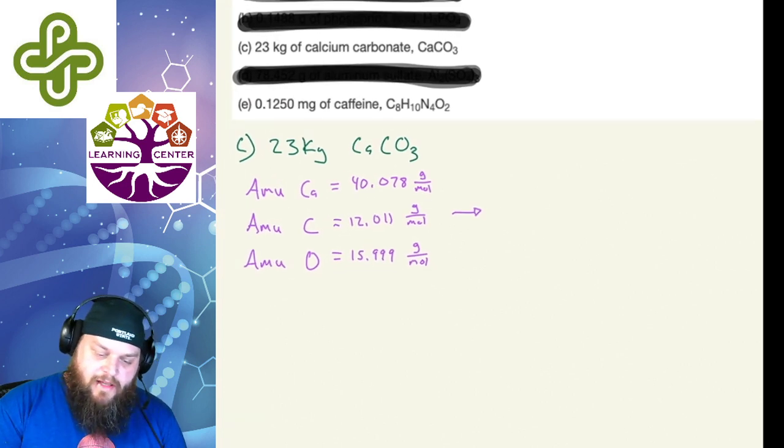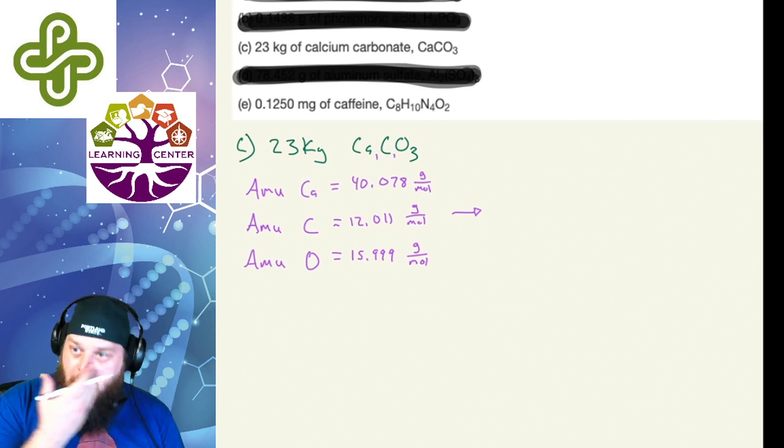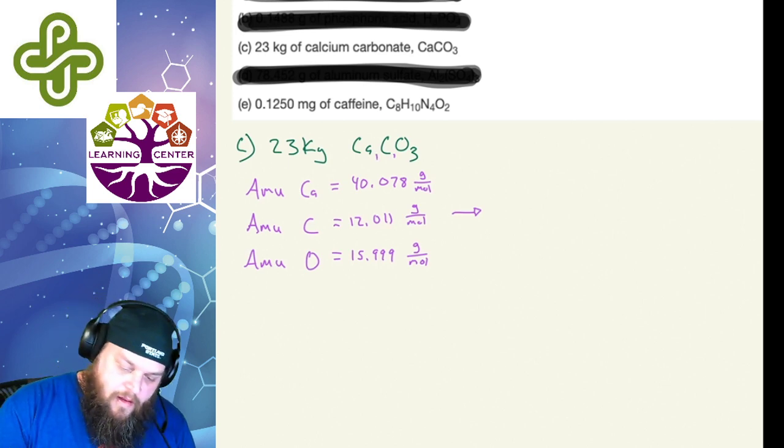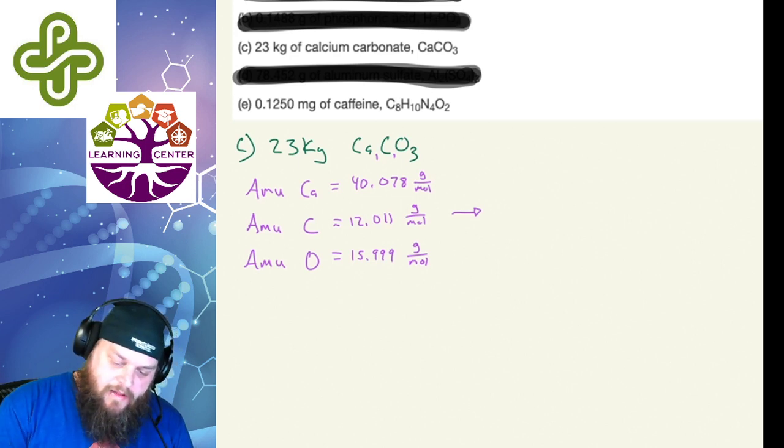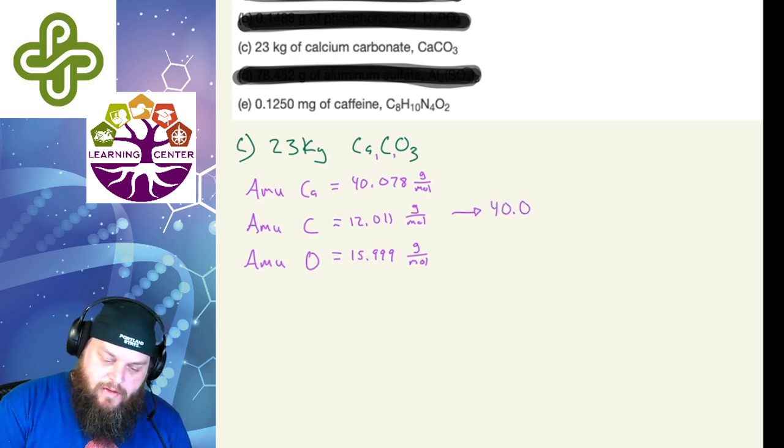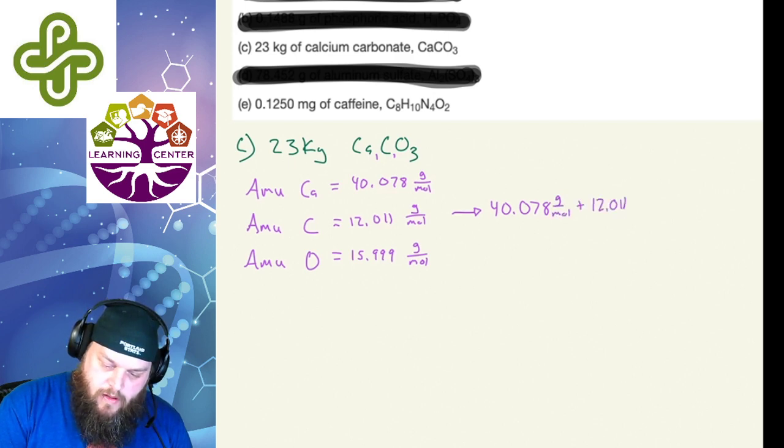So we notice that calcium is a 1-to-1 ratio, carbon is a 1-to-1 ratio, but oxygen is a 3-to-1 ratio. So we need to multiply oxygen by 3 when we add them together. So we have 40.078 grams per mole plus 12.011 grams per mole plus 3 times 15.999.